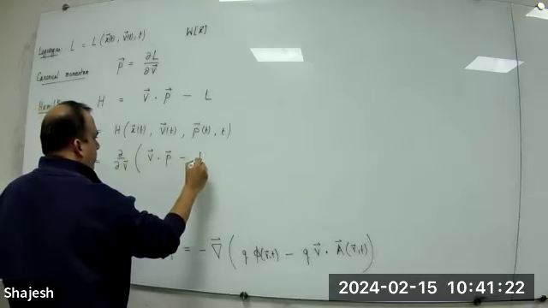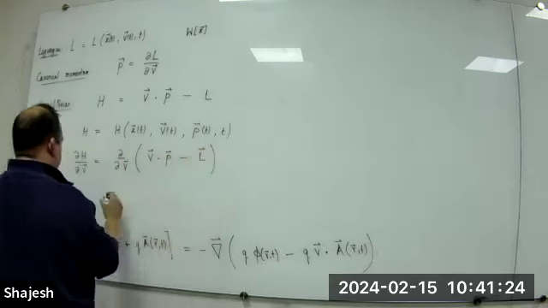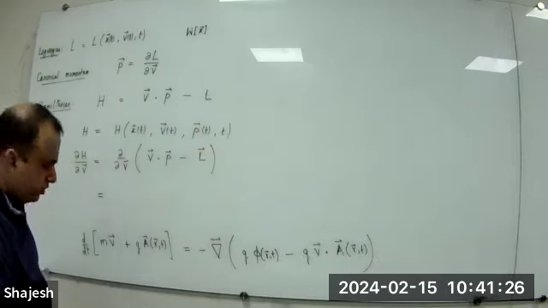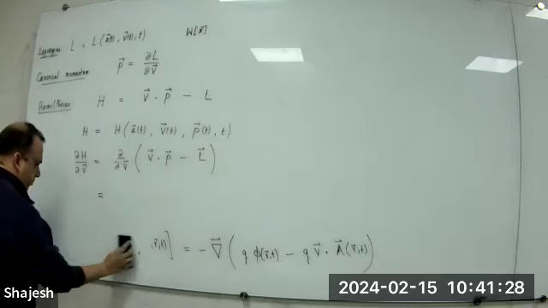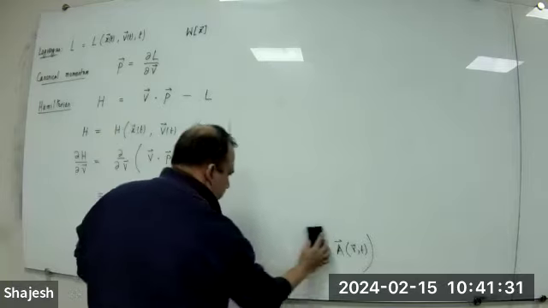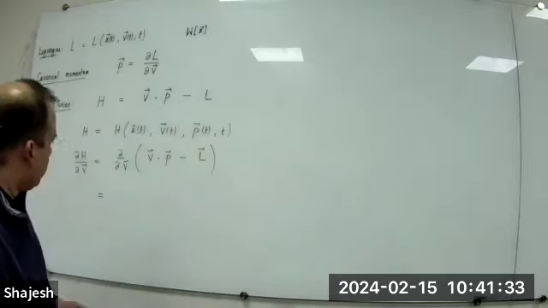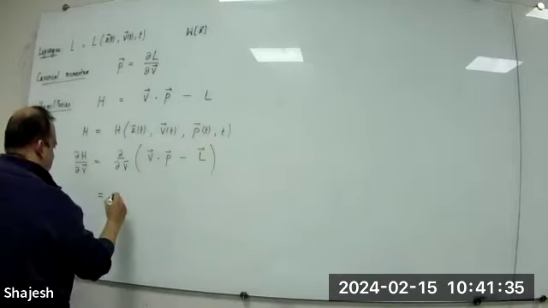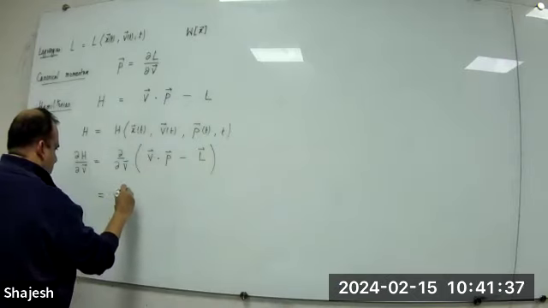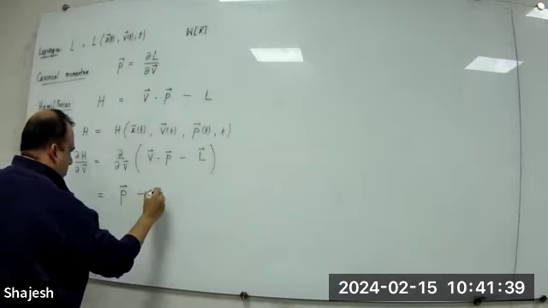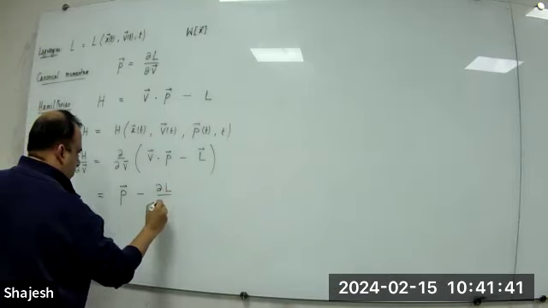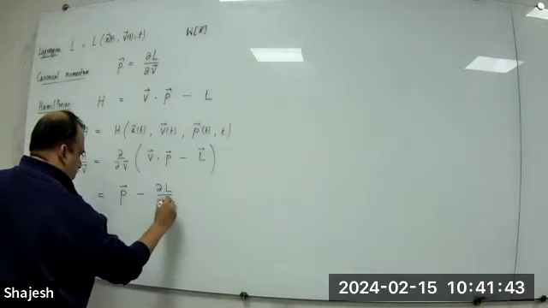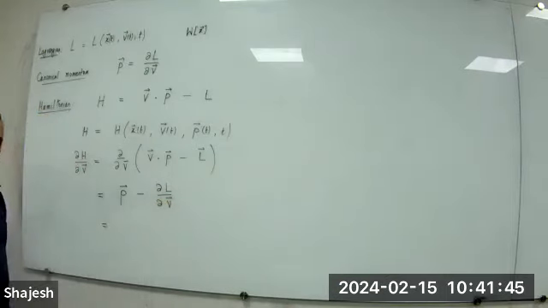Minus L. That's equal to, almost immediately, this is P minus the partial derivative of L with respect to V. What is that equal to?